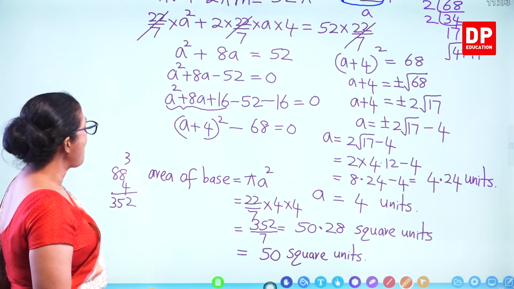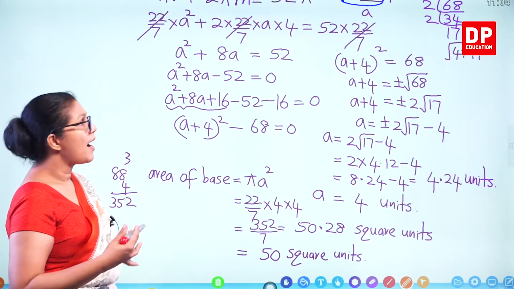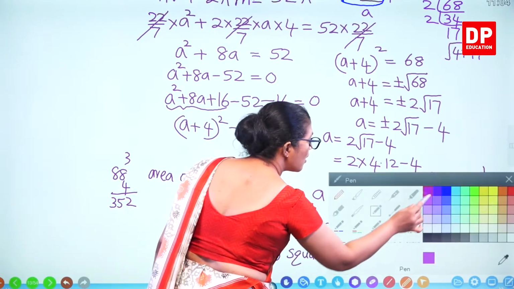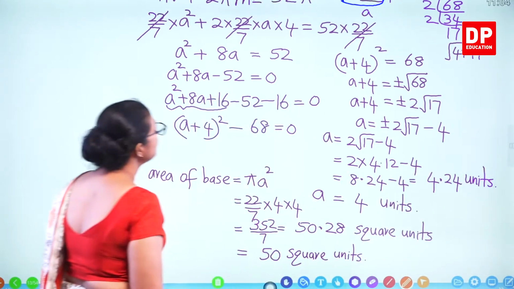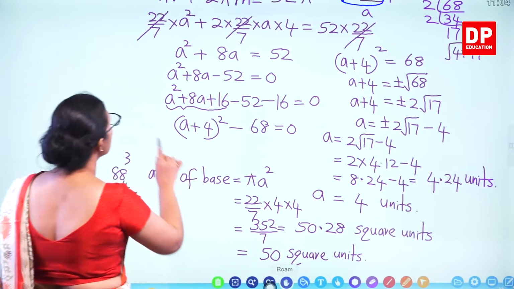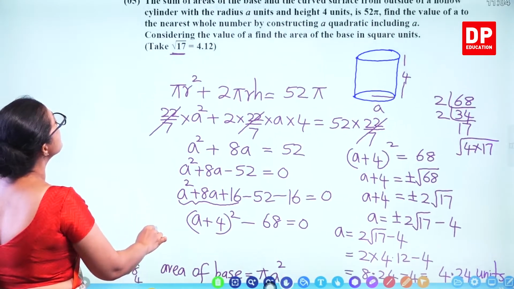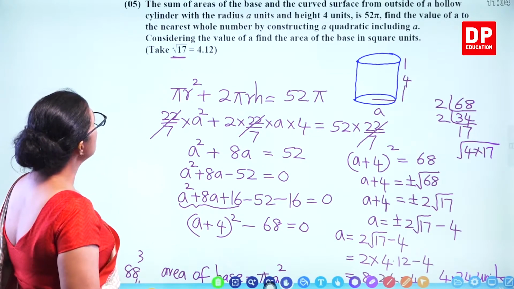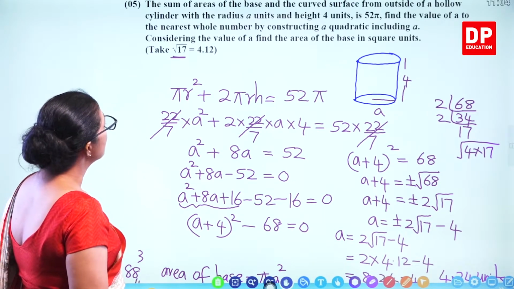So that's the base area, pi r squared. That's a circle. So when you are giving marks, this is one full question, question number 5.